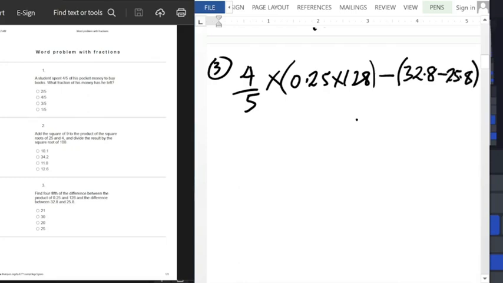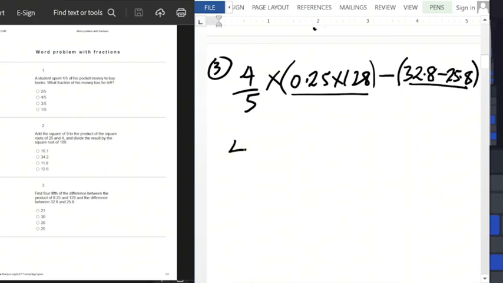You have to be very careful with this one as well. Because we want to find 4/5 of the difference between what? Between the product of 0.25 and 128. That is, you multiply this, and then the difference. So the difference between this and this, we want to find their difference.